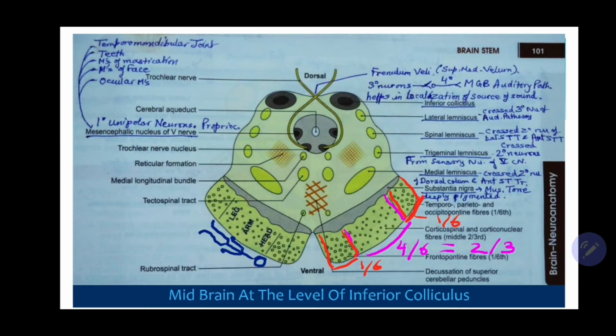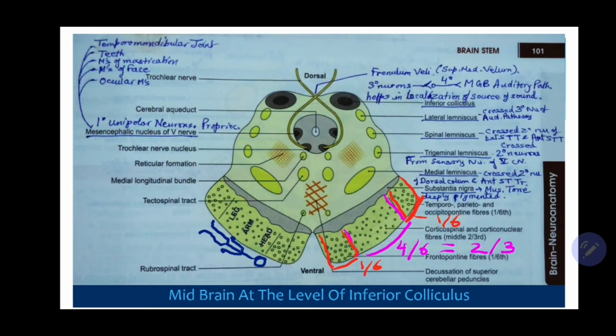Then from the cochlear nucleus, the second order neurons decussate and reach the opposite superior olivary nucleus, passing through the trapezoid body and trapezoid nuclei. Then from the superior olivary nucleus, the third order neurons ascend up in the form of the lateral lemniscus.